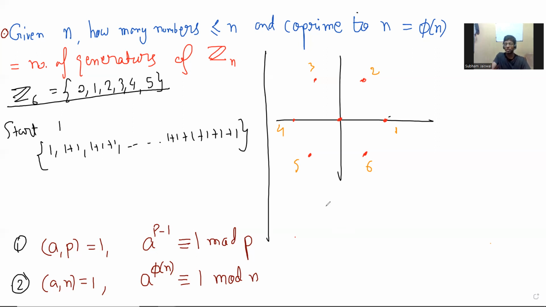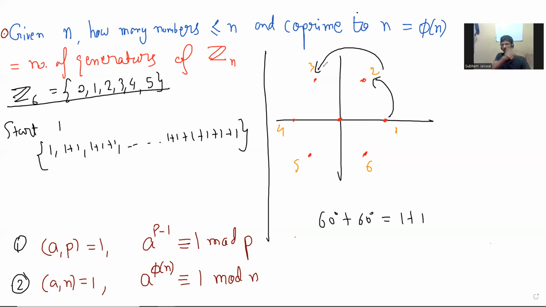Suppose you say that I will rotate by 60 degrees plus 60 degrees. That is like adding 1 plus 1. In that world, it is like taking the 1 and adding 1 with itself. And here it is like starting from 1 and jumping, and then going from 1 to 3.